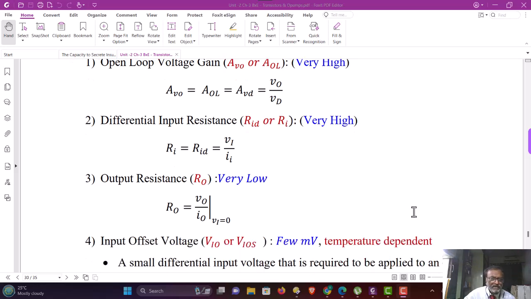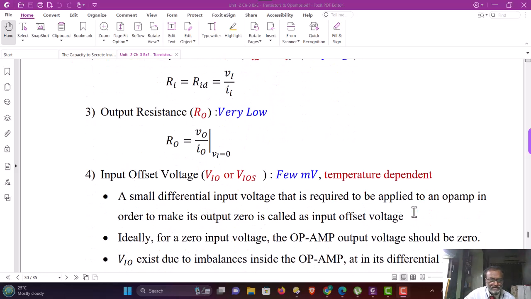The third parameter is the output resistance, denoted by RO, and the output resistance is very low for a practical op-amp. It is defined as RO equal to VO by IO at VI equal to 0. From the input resistance and output resistance point of view, the operational amplifier is a perfect voltage amplifier in which input resistance is high and output resistance is low.